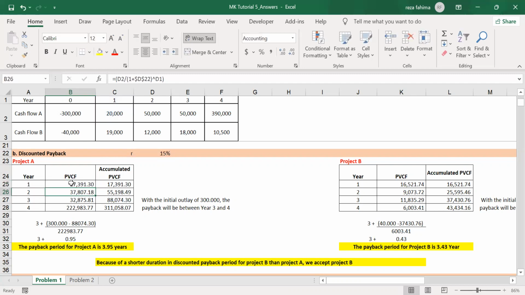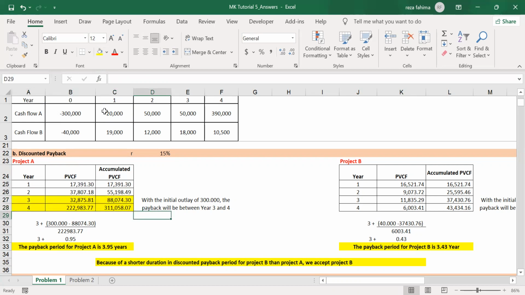And then we get this number. We do the same with the others, and then we accumulate again the present value of the cash flows. And then we're going to look for our initial investment. 300,000 is in between the 3rd and the 4th year, again the same as the payback period for project A.